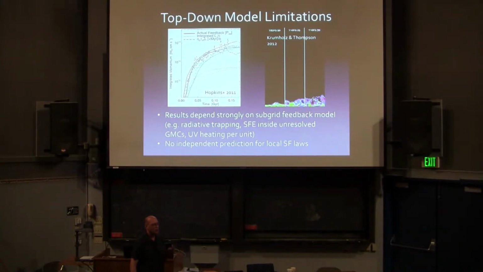For realistic ISM parameters, the complicated answer is that there are two dimensionless numbers for this problem. One is the Eddington ratio measured at the dust photosphere, and the other is the optical depth measured using the opacity of the dust photosphere. There's a formula for what will happen given those two numbers.